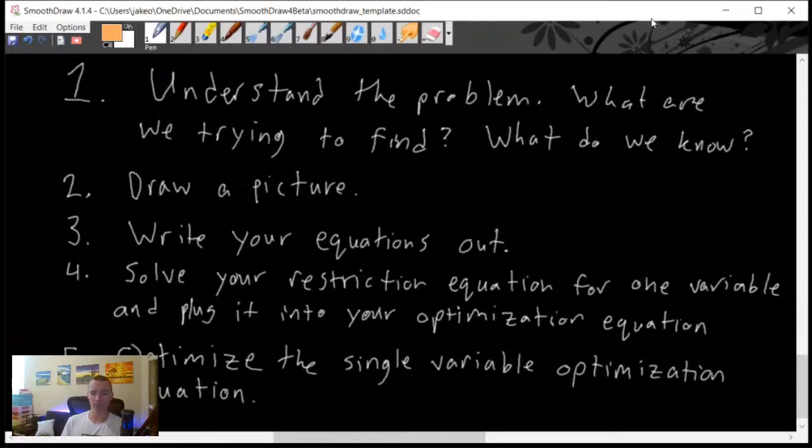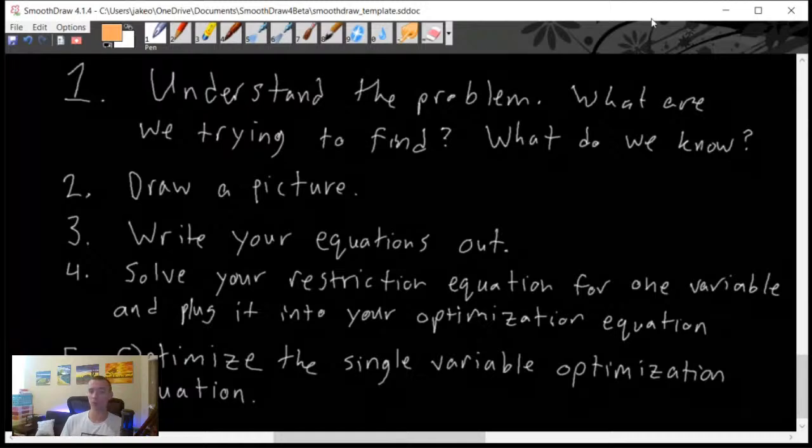Then you would solve the restriction equation for one of your variables, plug that into your other optimization equation. Now you have a single variable equation that you can find the critical number and find the max or the min. You would take the derivative of that function, since it's just a single variable function at that point, and set it equal to 0 to find the critical number.